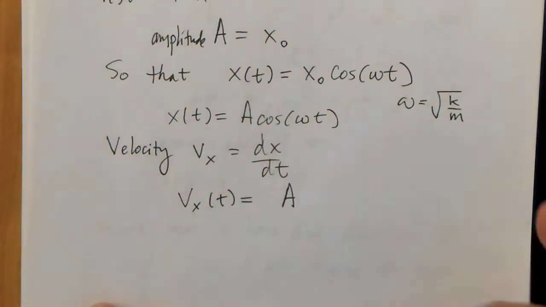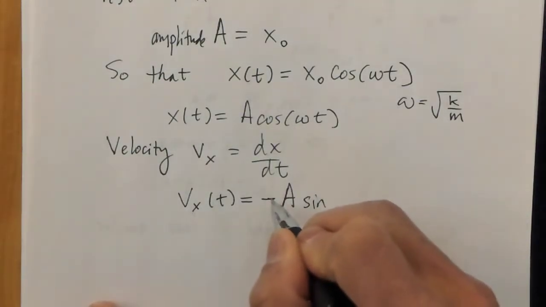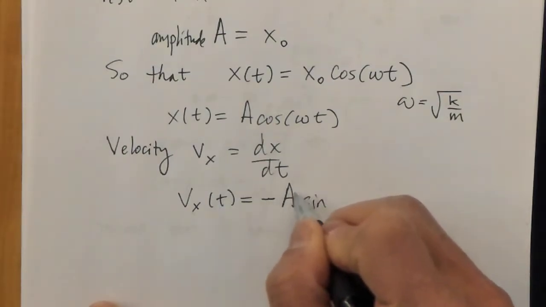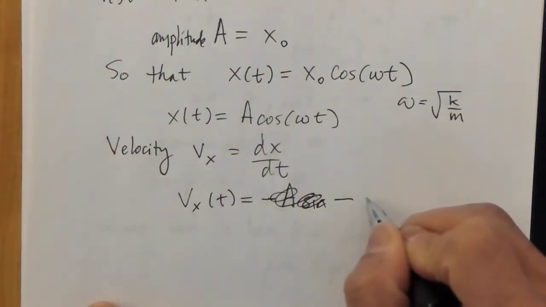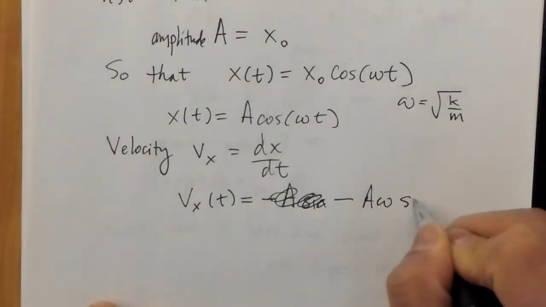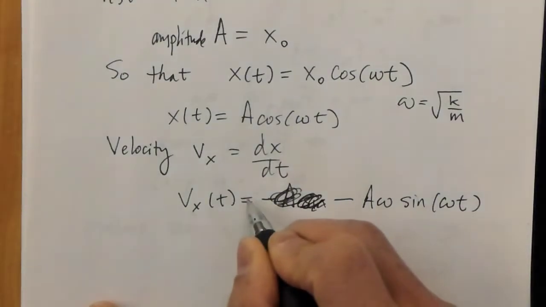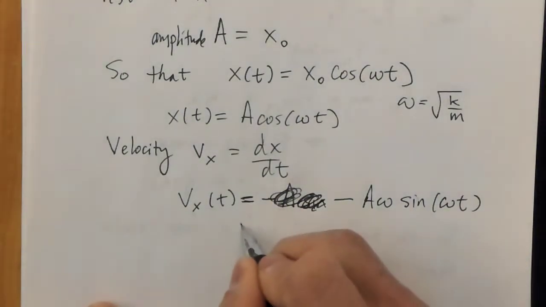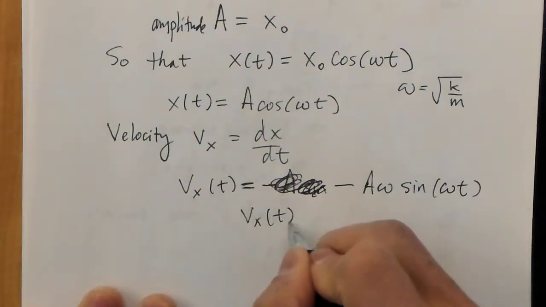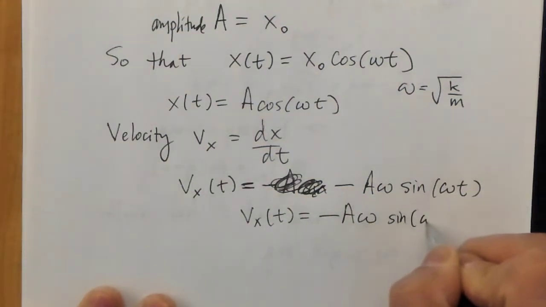The cosine becomes a sine with a minus sign. Remember, the cosine gets the minus sign in front. But there's also an omega, so I need to put that in there, and then sine omega t. So that's the velocity. Let me write this a little more neatly: minus A omega sine omega t.